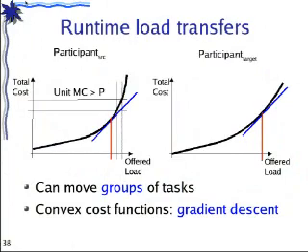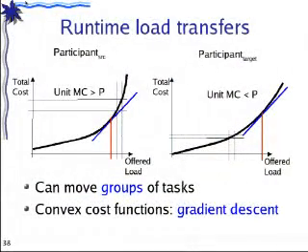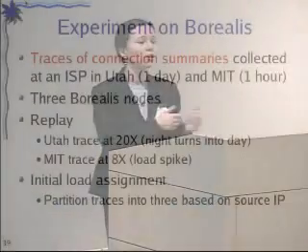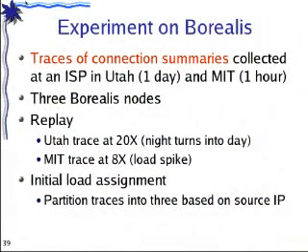And this load level can be different for each one of the participants, but most importantly, it has to be below their maximum predefined load threshold, such that if a participant is overloaded, the unit marginal cost for processing a task will be greater than the contract price. And if a participant is slightly loaded, then the unit marginal cost for processing that same task will be less than the contract price, and it will be beneficial for both participants to perform the load movement.